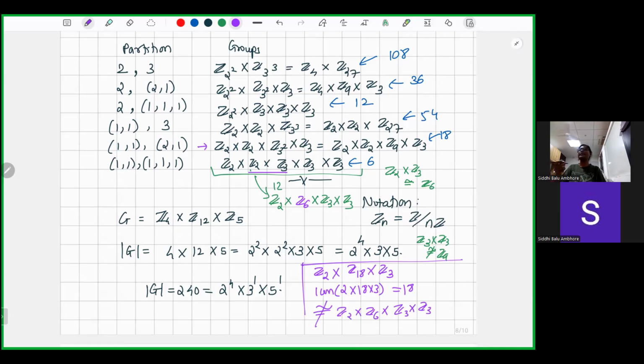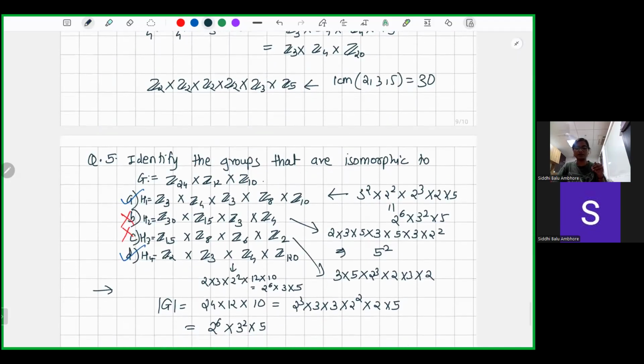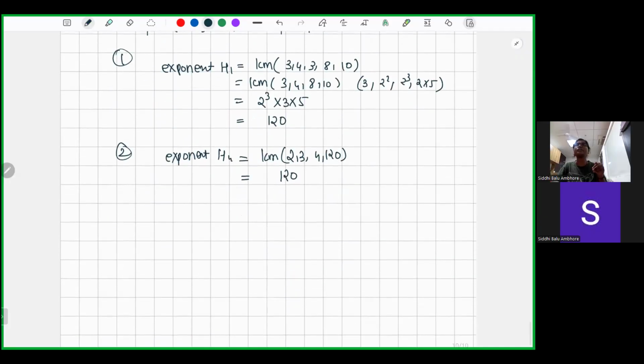That is, every element in this group will become identity the moment I raise it to power 6. But in the given group, if I call this H1 and this H2, then it will be different. So that's what we need to do when checking whether a given group is isomorphic to the group given in the example or not.